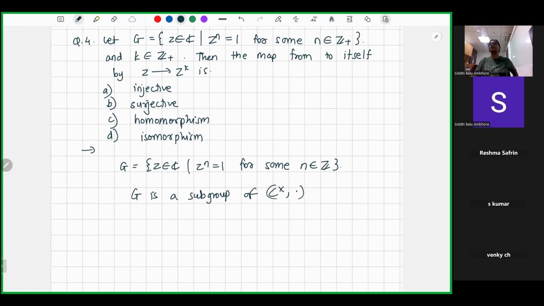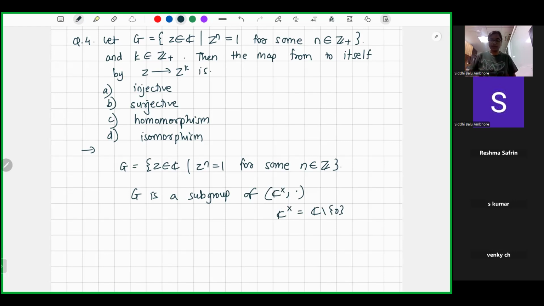Please understand this, because 0 does not belong to this set G. So it is multiplicative, I mean, it is a subgroup of the multiplicative set of complex numbers. This C star is C minus 0. Here it's C. Any doubts here? The way G is defined.